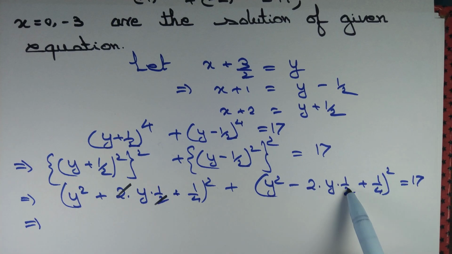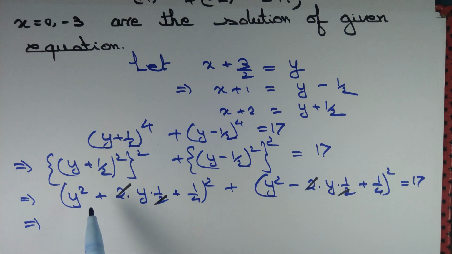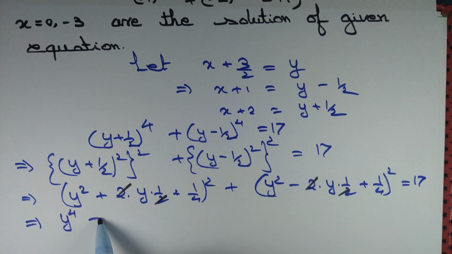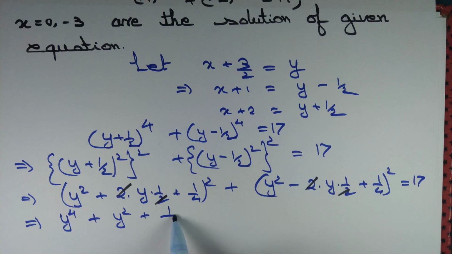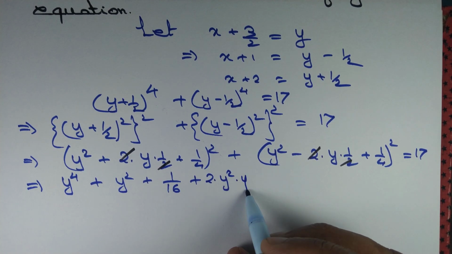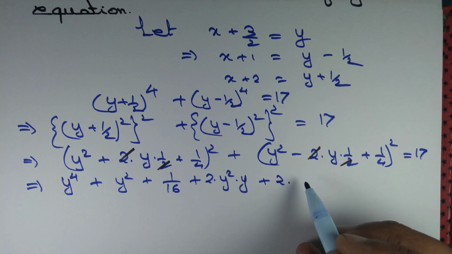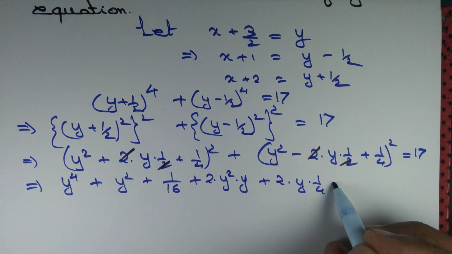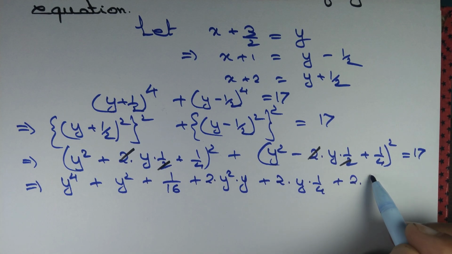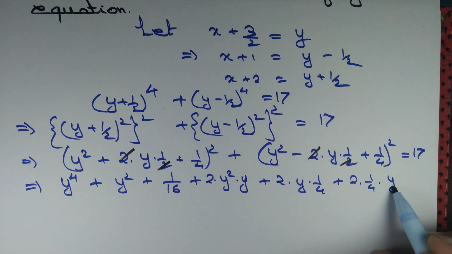Now we have an expression (a + b + c)^2. That's equal to a^2, so y^4, plus b^2, so y^2, plus (1/4)^2 which is 1/16, plus 2ab, 2 into y^2 into y, plus 2bc, y into 1/4, plus 2ca, 2 into 1/4 into y^2.